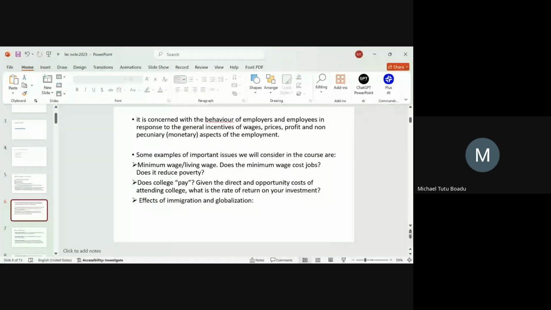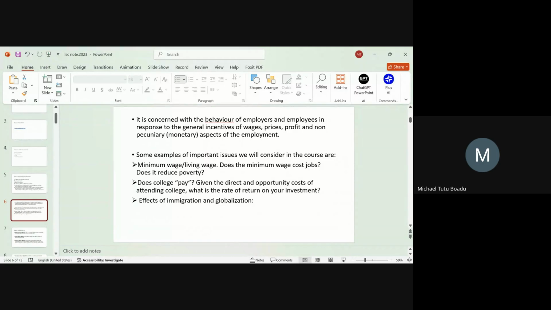It is also concerned with the behavior of employers and employees in response to the general incentives of wages, prices, profits, and non-pecuniary, what we call non-monetary, aspects of the employment.